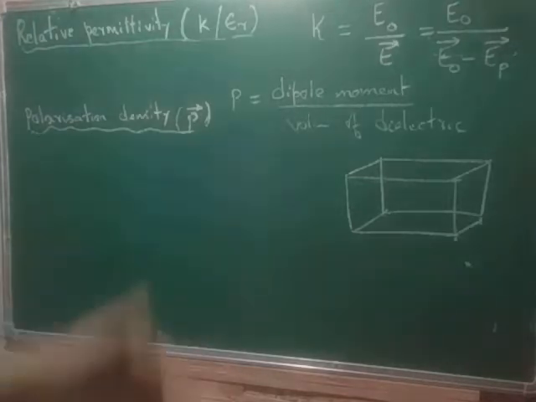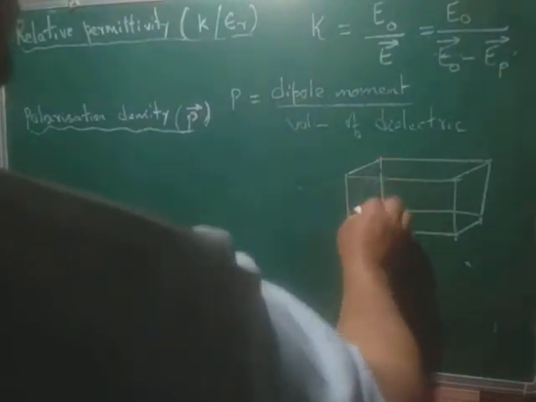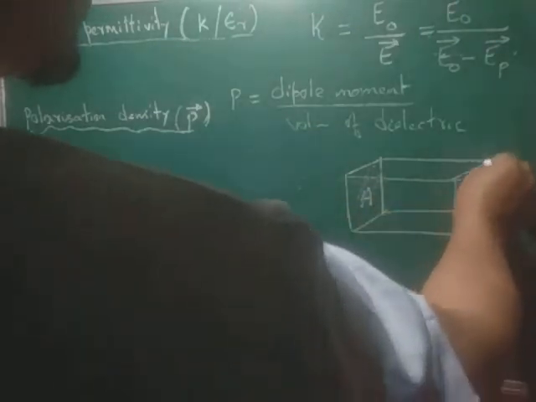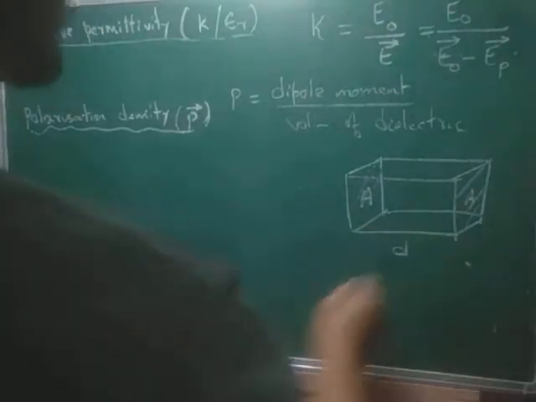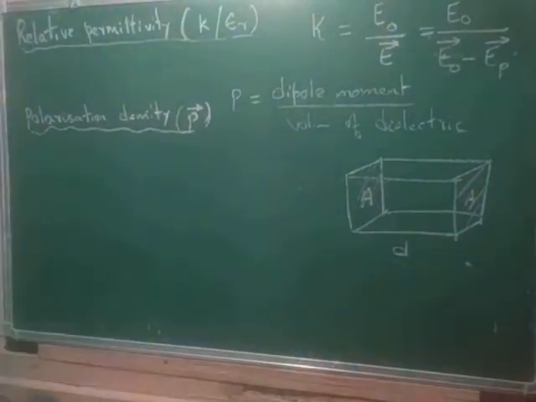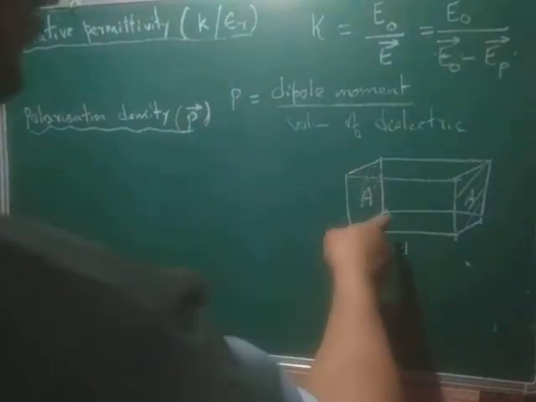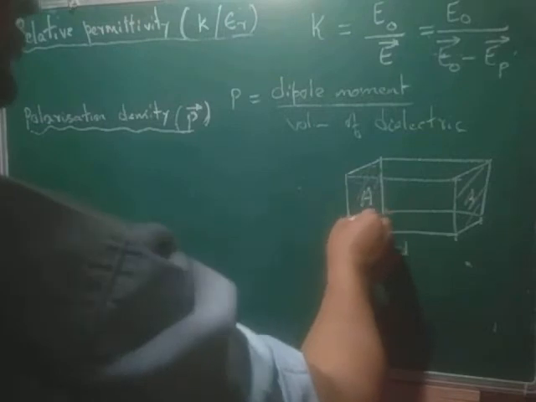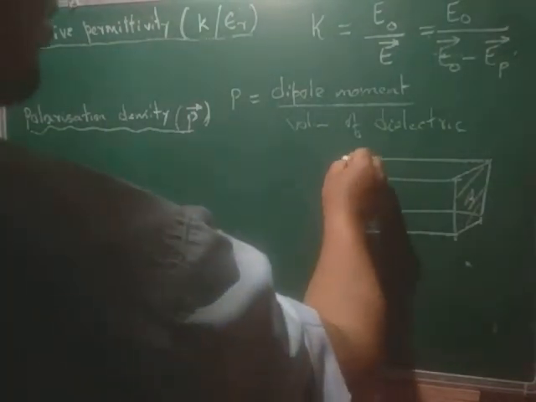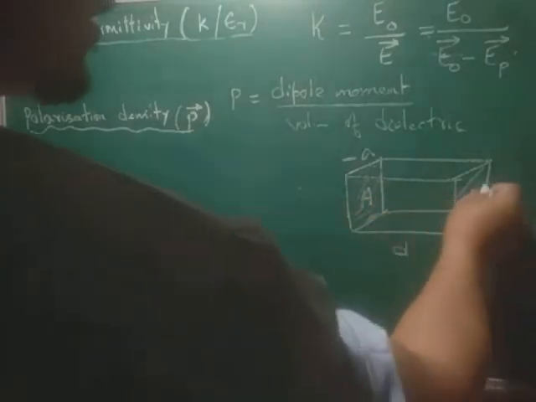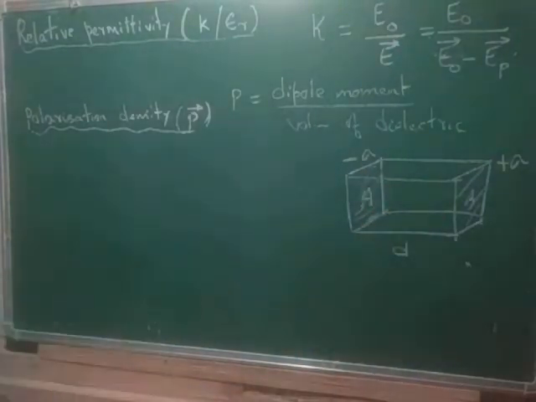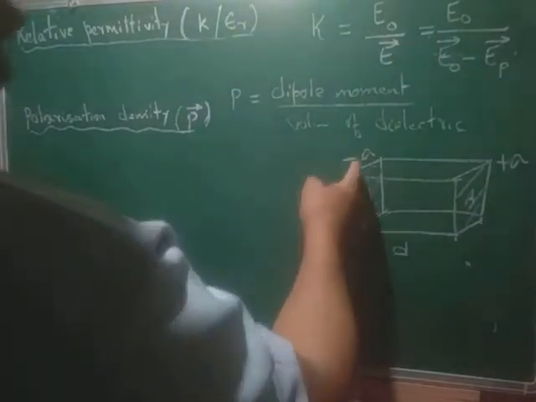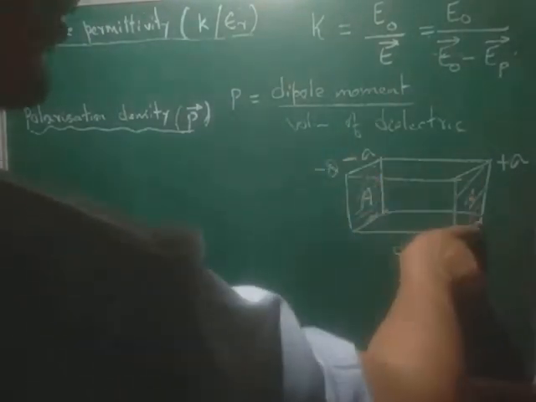Let's say this face has area capital A, this face also has area capital A, and the thickness of the dielectric is D. The surface charge density on this side is minus sigma, and on this side it is plus sigma. So the surface charge density on each side is sigma, and let's say the net charge on this side is minus q and on this face is plus q.